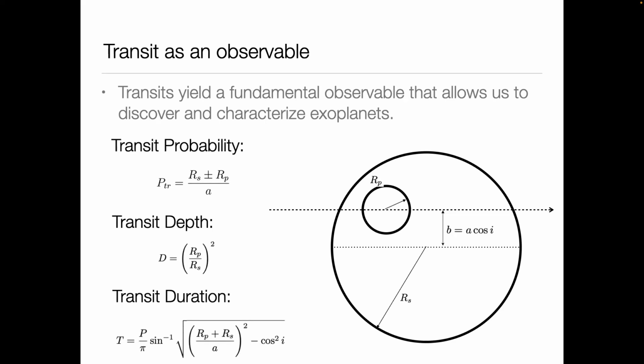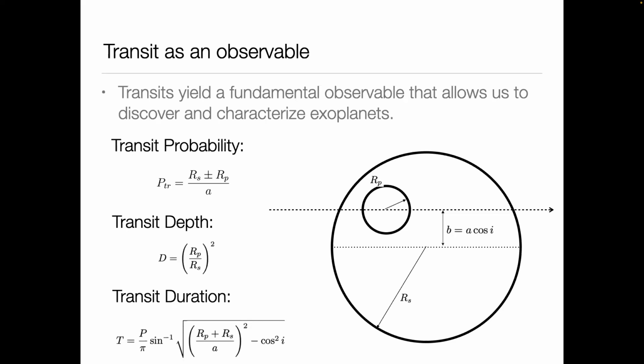First, the transit probability is the sum, I will come to that plus or minus sign very soon, the sum of the two radii divided by the distance between the two objects. That is the transit probability. The reason is that an arbitrary observer will have a cosine i distributed randomly between 0 and 1.